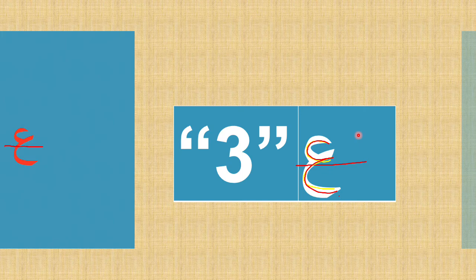This letter is pronounced just a bit ahead of the glottis, so it's closer to your mouth, and you just make the passage small at that point, and you push the air through, and that's what creates the sound Ain.